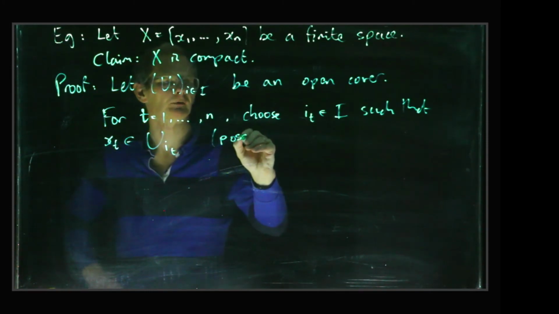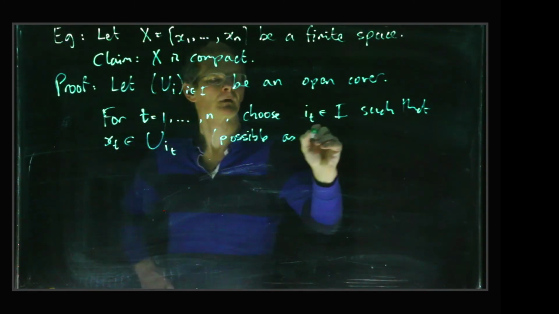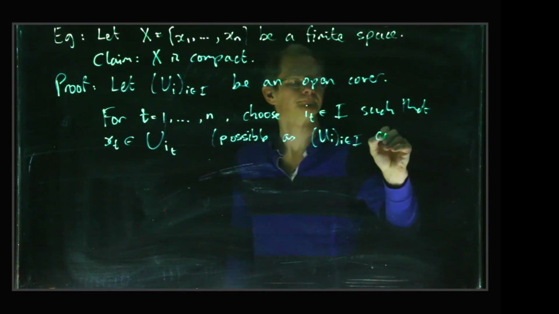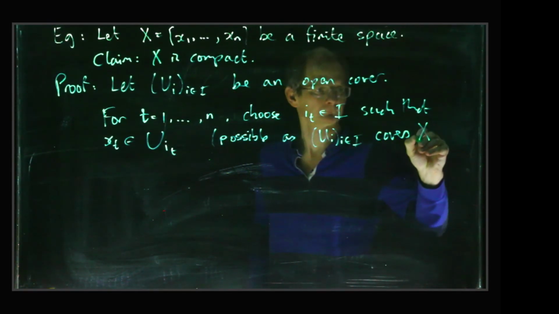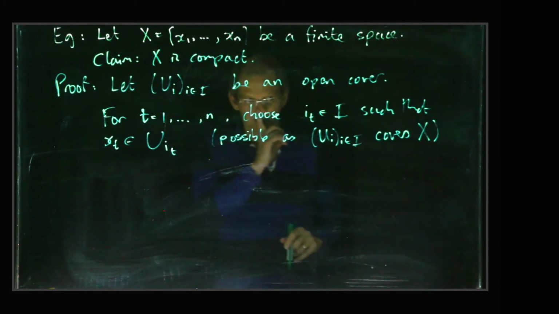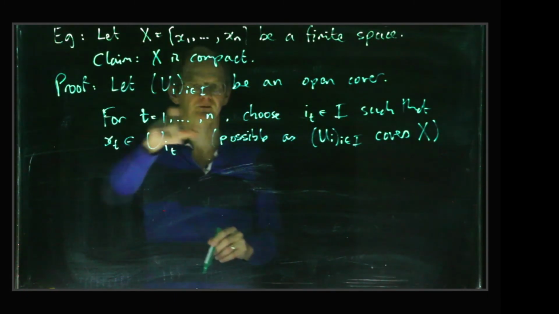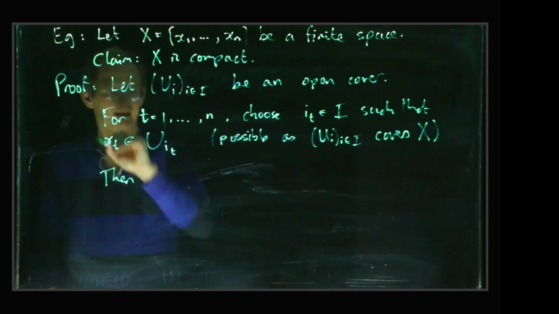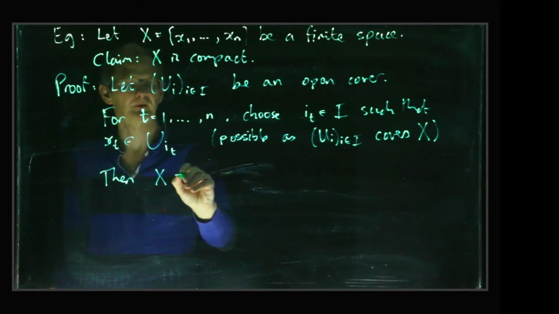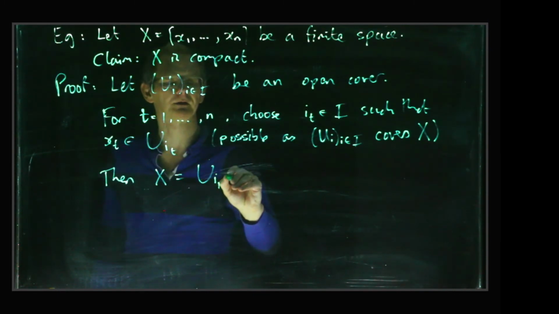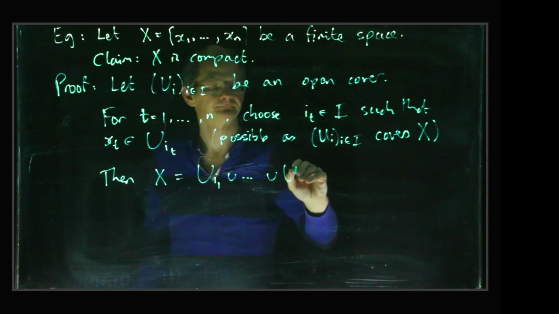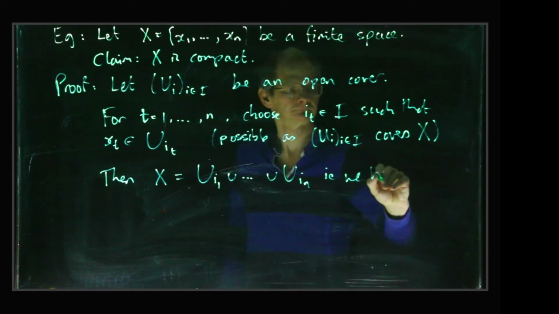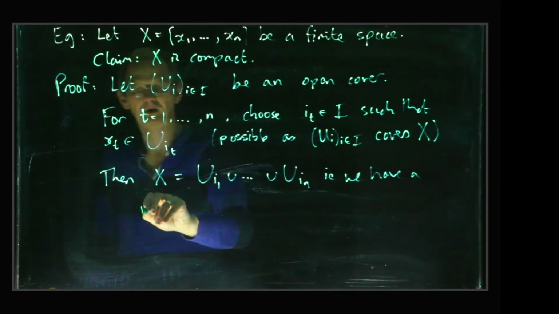And that's possible because this original family covers X. We're given that it covers X, so every point in the space lies in one of these sets. And now it's clear that X can be written as the union of U_{i_1} union up to U_{i_n}. So we've got a finite subcover.